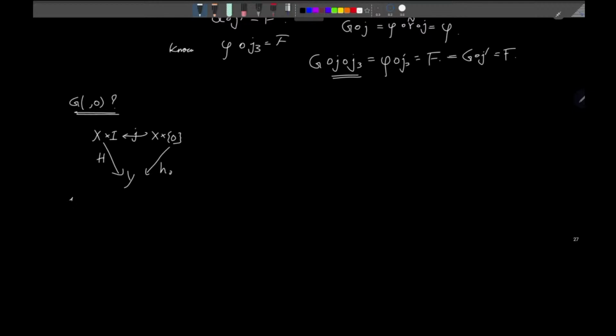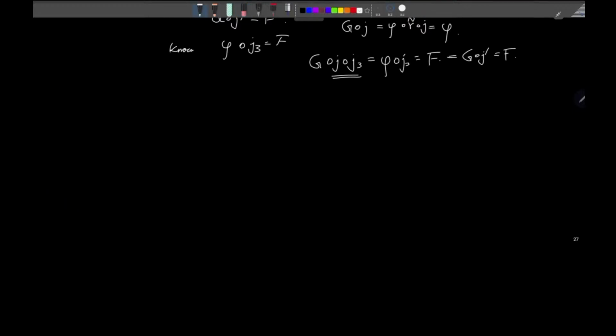J right here, J equals the identity on X. First of all, we take the product of that with the inclusion map of 0 into I, so whatever that is, J sub 0, let's say. So that is what the inclusion is. And from this, since this triangle commutes, as you know, we see that H naught, which is basically the first map, is equal to, again, a composition of an inclusion with that homotopy.